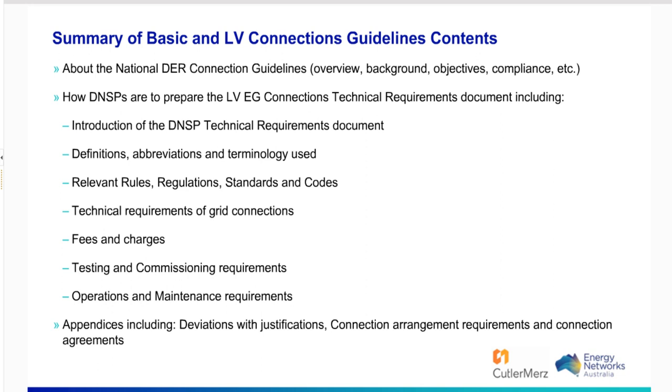Fees and charges are there mainly so that links can be made and the document in and of itself can be comprehensive by pointing to where relevant fees and charges for connections are.